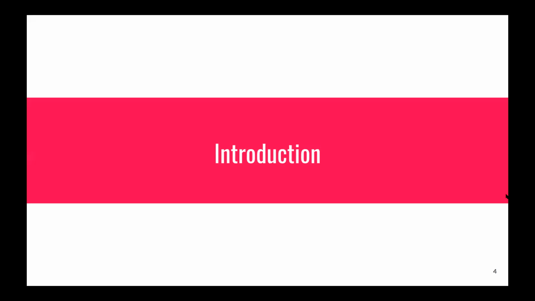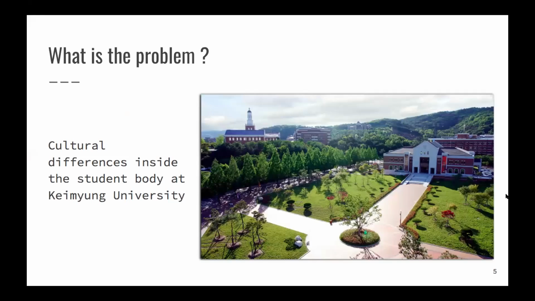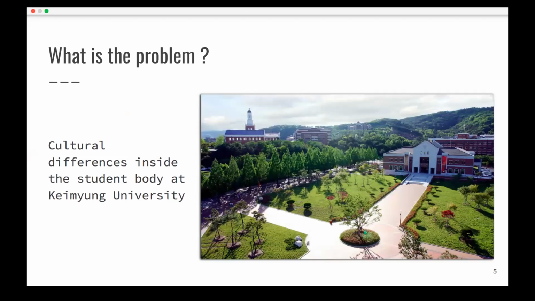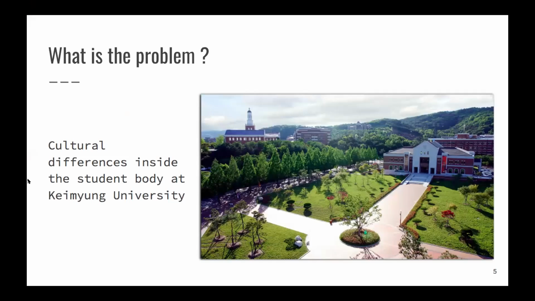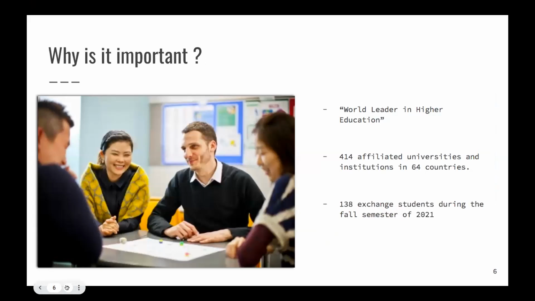Okay, so our introduction. The base of the problem we were looking at was the cultural differences inside the student body, because this topic is quite important for us, as the university claims to be the world leader in higher education.